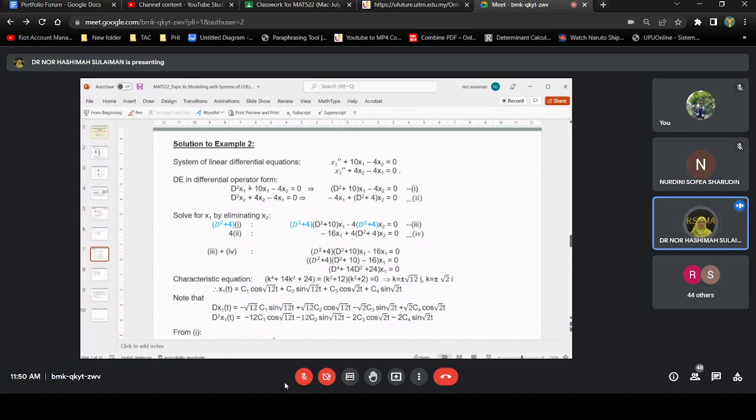You convert into differential operator form. I did mention in the last class, right? The operator must be before the function or before the variable. Saya tengok ada some bila saya mark you punya assessment tu ada pergi letak D ni kat belakang S1.